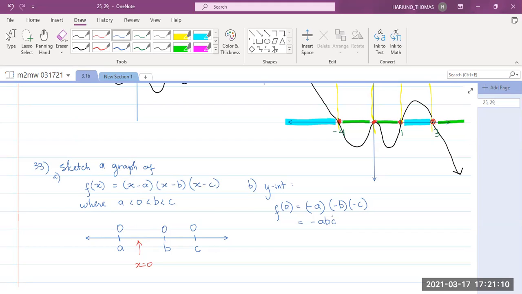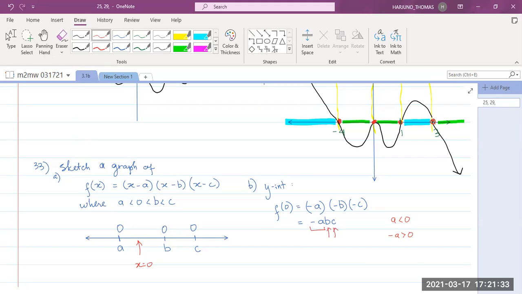Now, is a positive or negative? Notice that a is less than 0, right? So a is negative. Therefore, negative a is positive. Is it right? So this guy here is positive. b is greater than 0, c also greater than 0. Basically, all of these are positive numbers.